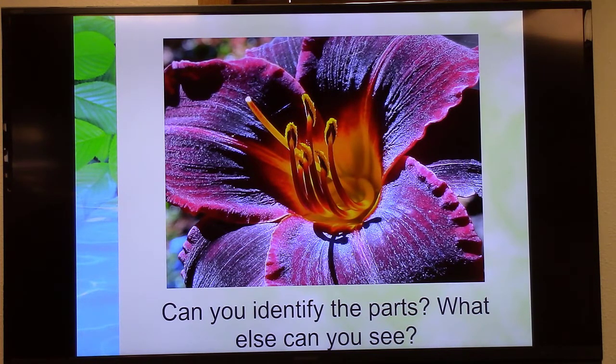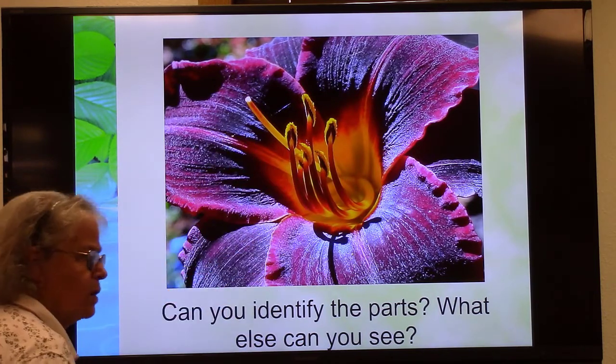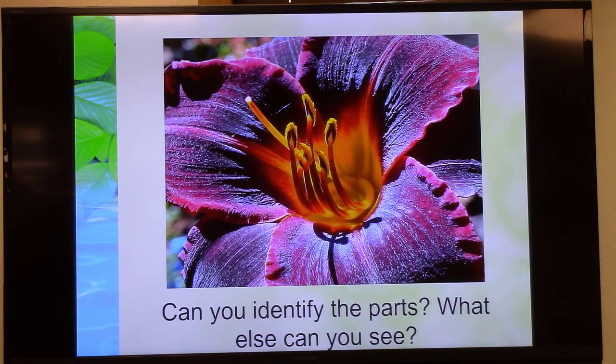Are those petals or sepals or tepals? All look the same? Tepals, because they all look the same. Actually, 3 of them are petals and 3 of them are sepals, but they all look the same.